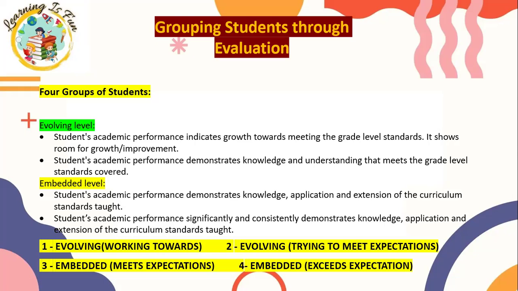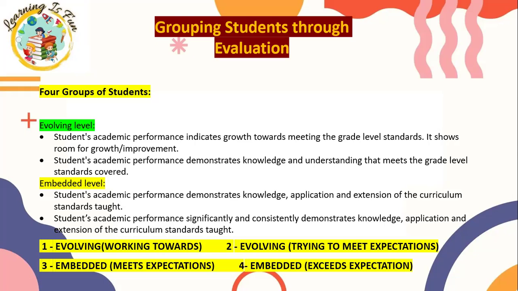Your attention seekers will be your evolving children, who are working towards achieving the goals, the learning objectives, and the success criteria you have designed for them. They need to achieve that, and your focus should be only those children. Your prime focus should be those children who are actually struggling in the classroom to achieve the goals and meet your objectives.